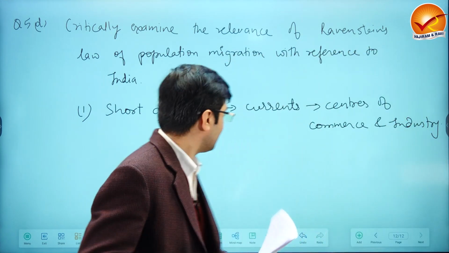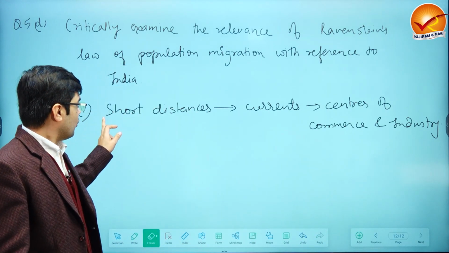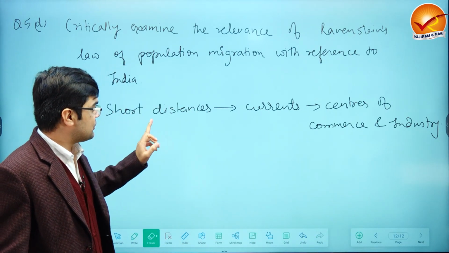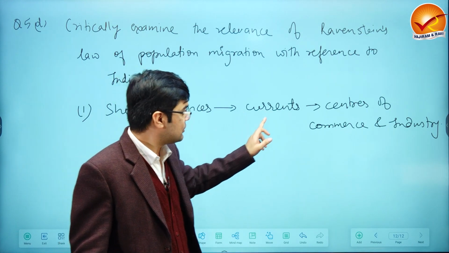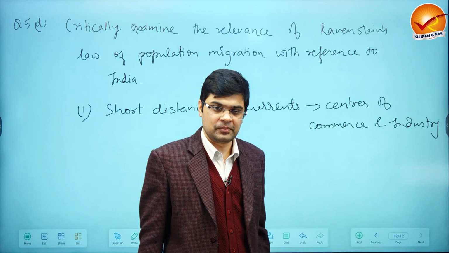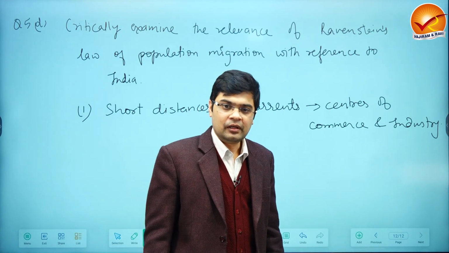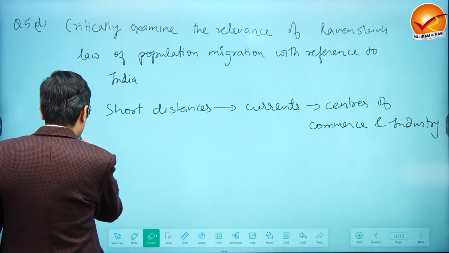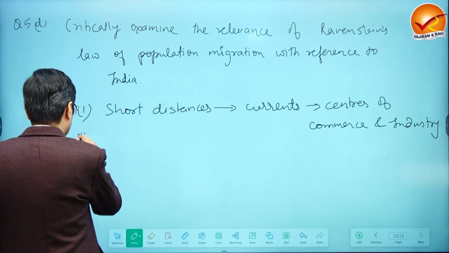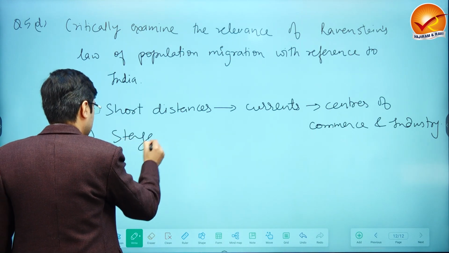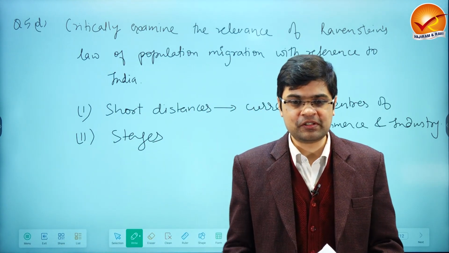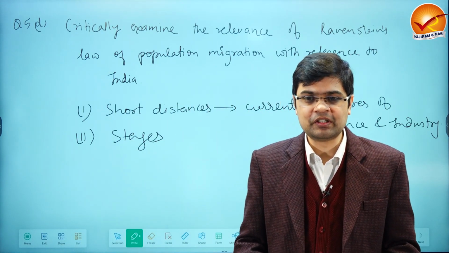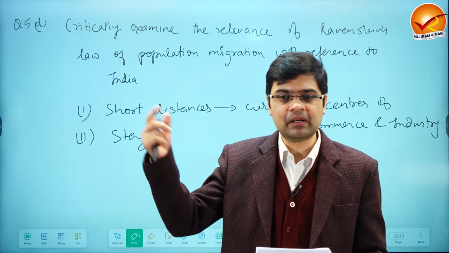So first law, most of the people migrate short distances. It sets up the currents and the migration is taking place to centers of commerce and industry. Second, stages. Much of the migration takes place in stages. Let's say I am a person living in Barabanki.